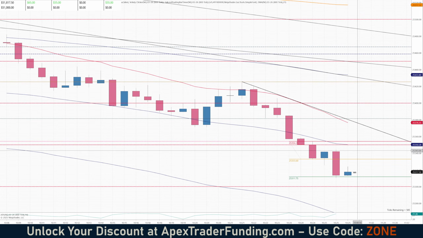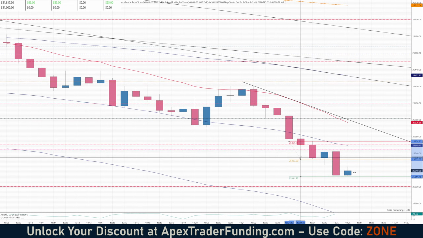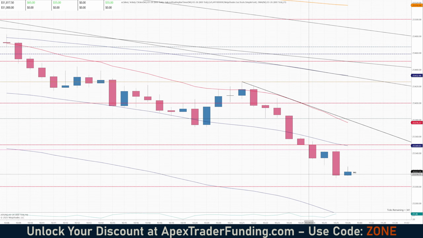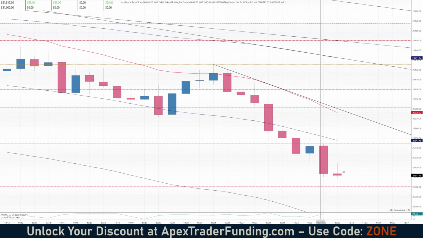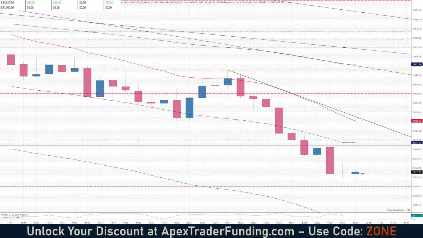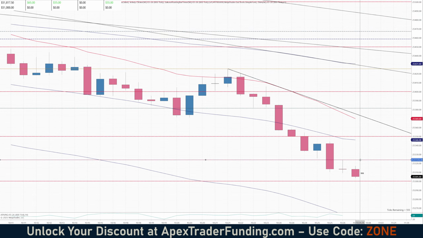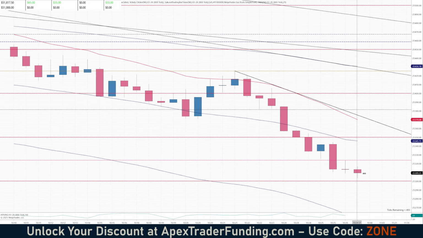Another missed opportunity, but again, I'm trying to keep my risk really low with how volatile the candles have been. Okay, let's see what we do at 300.